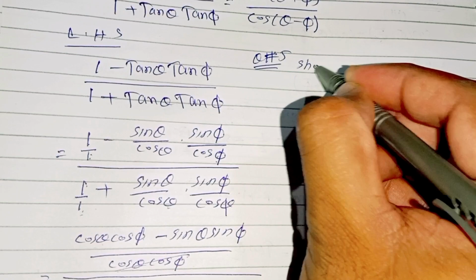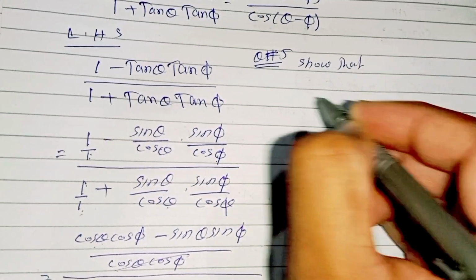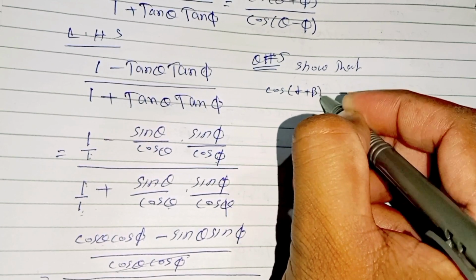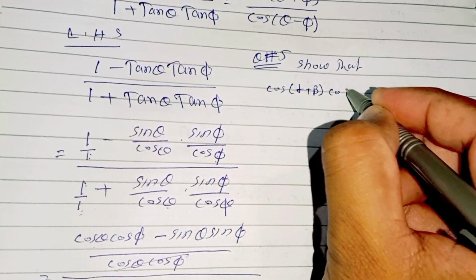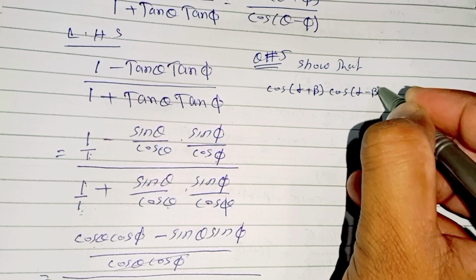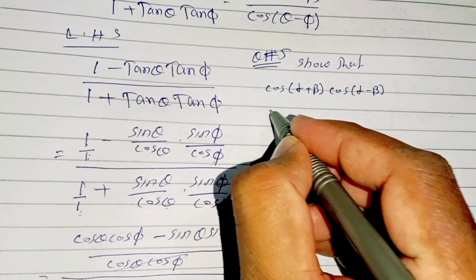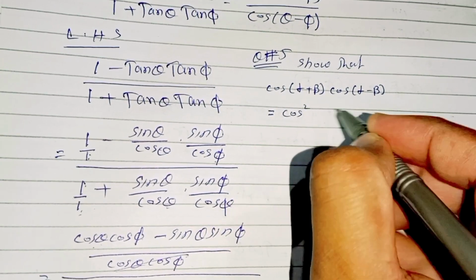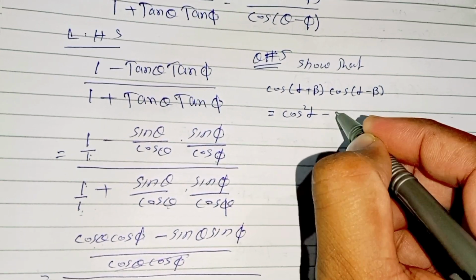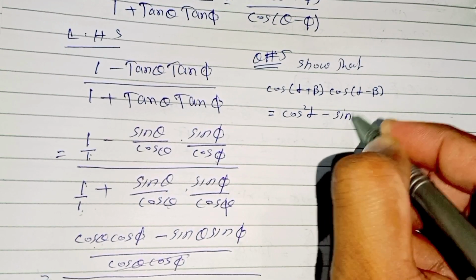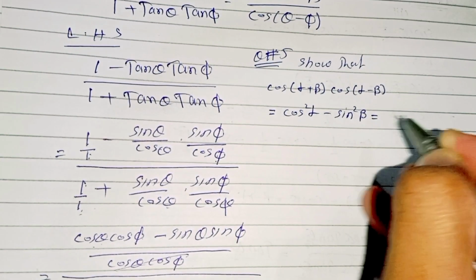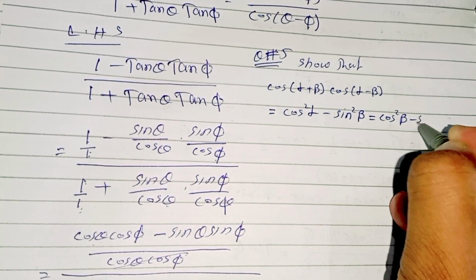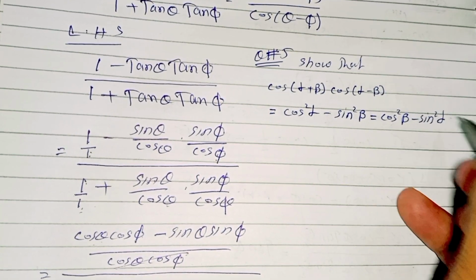Show that cos of alpha plus beta multiplied by cos of alpha minus beta is equal to cos square alpha minus sin square beta, and it is equal to cos square beta minus sin square alpha.